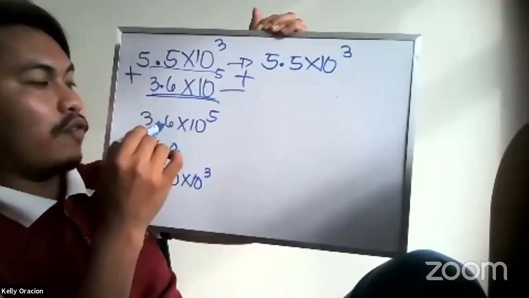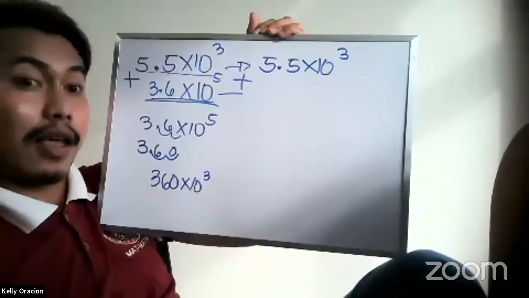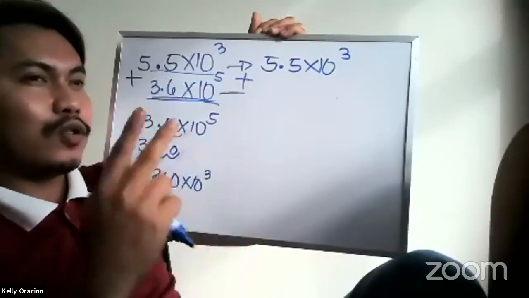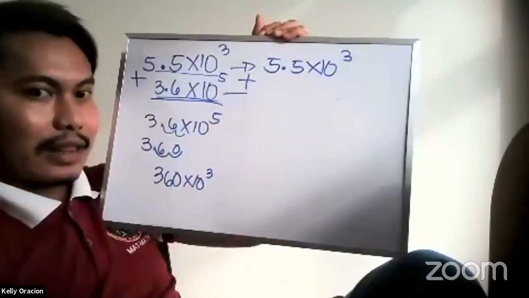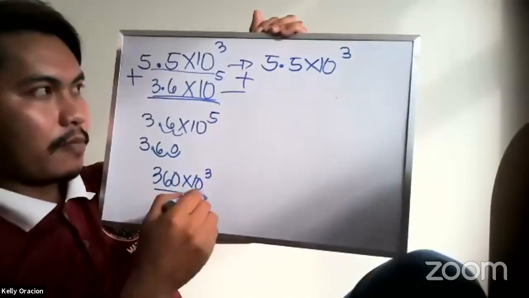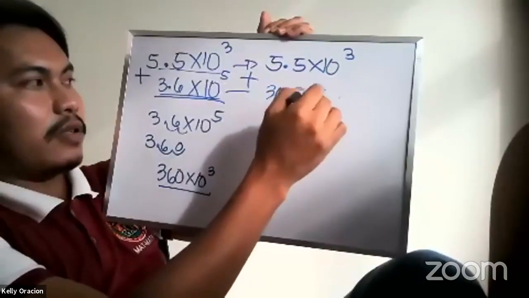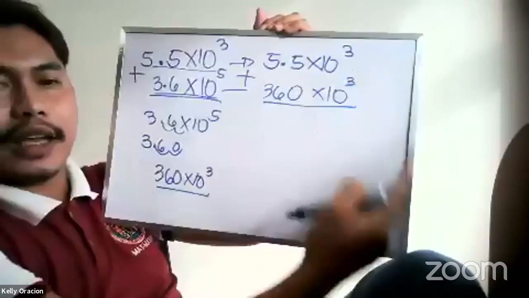Again, nag-move tayo ng dalawa kasi 5 ang exponent, then gusto natin gawing 3. So, ang kailangan natin i-move is 2 places to the right. That means we have here 360 times 10 raised to 3. The same na yung exponent natin.